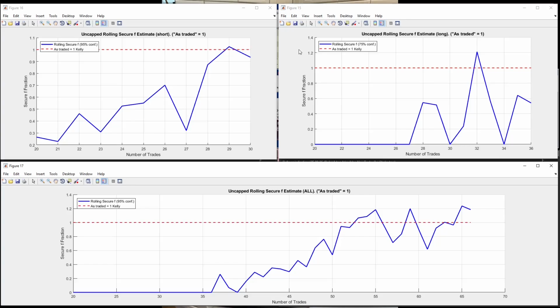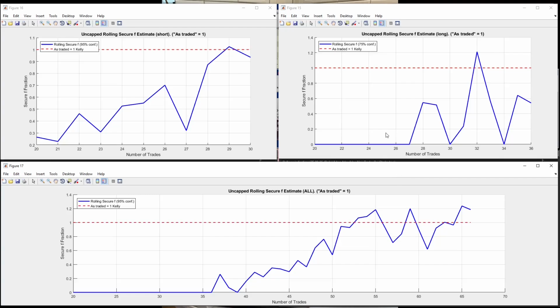So when you put them together, if these things make any sense on the short and the long, any sense at all, when you put them together in chronological order, first of all, you're going to get a larger number of trades, so you're going to get a more stable value as the trade count progresses. But you're also going to see, are you in the ballpark as an overall trade? And you can see right here, yes, we are. We're bebopping above and below the as traded value.